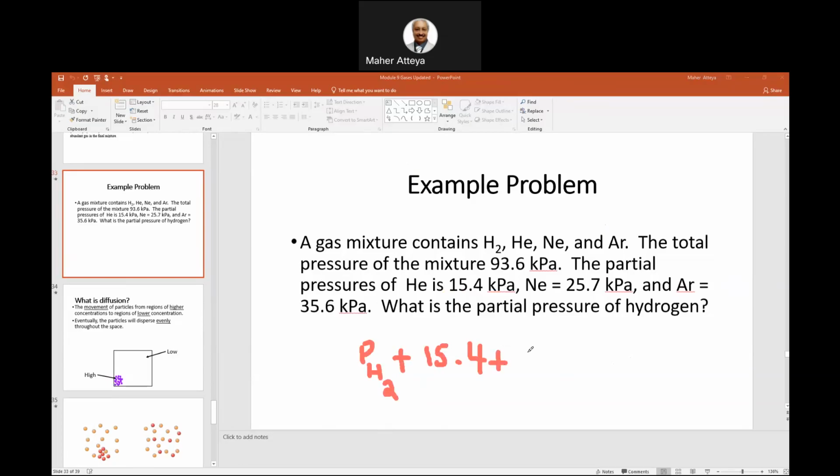For neon is 25.7, plus 35.6, correct? Can I solve for this?